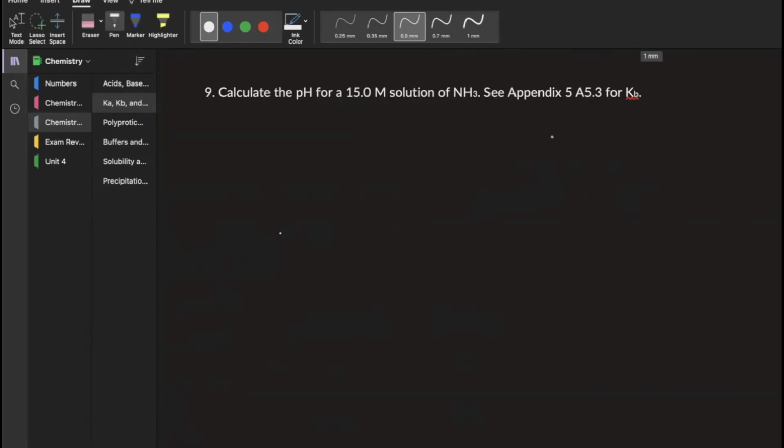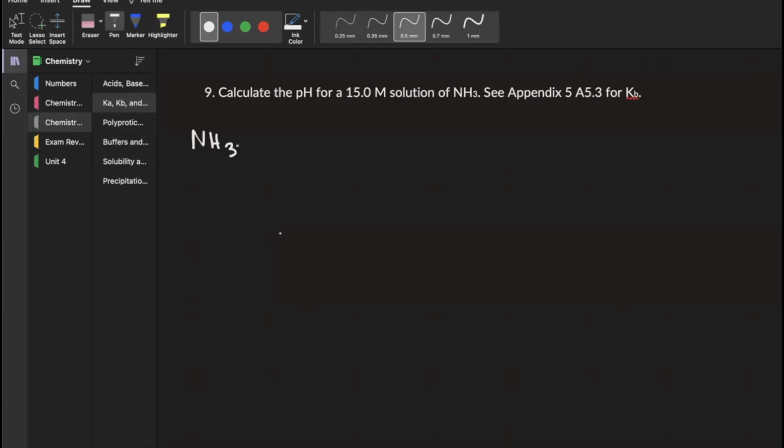We're going to go ahead and skip number 8 and move on to number 9. Number 9 says calculate the pH for a 15 molar solution of NH3. See Appendix 5 for Kb. So, just like the previous problems, first thing we're going to do is write out the equation.